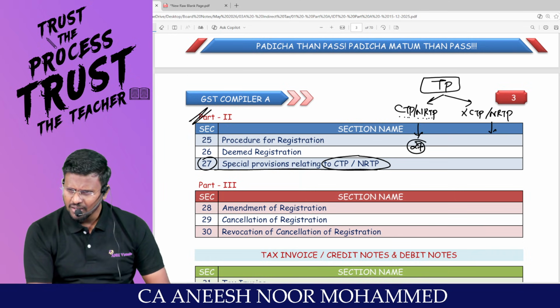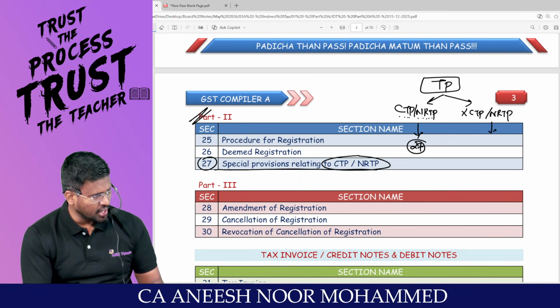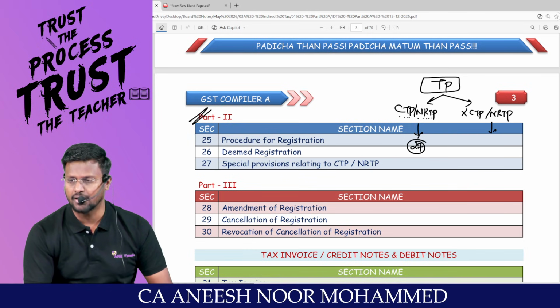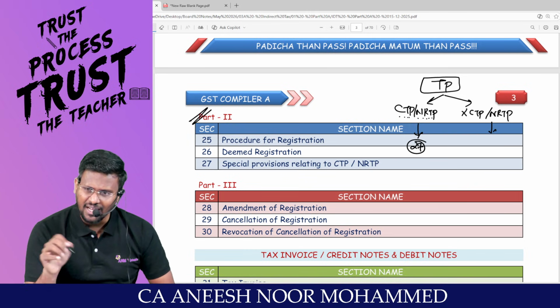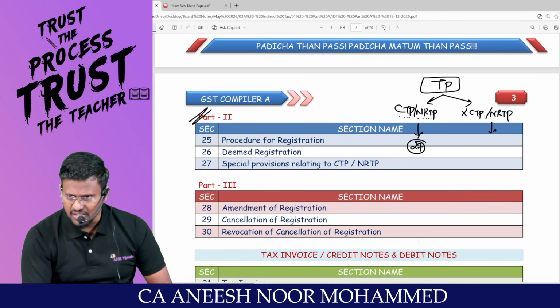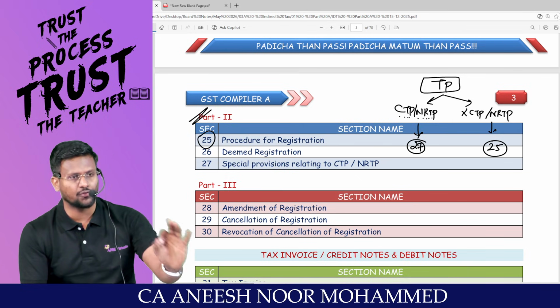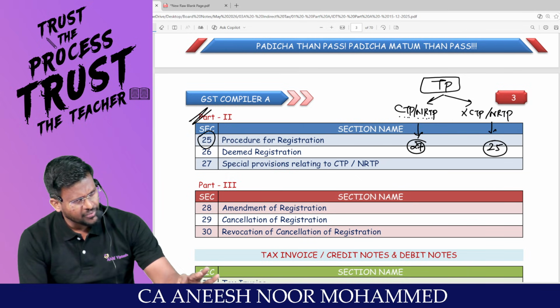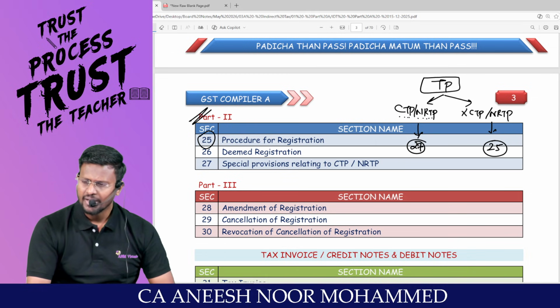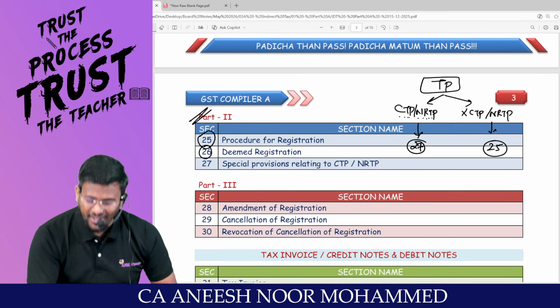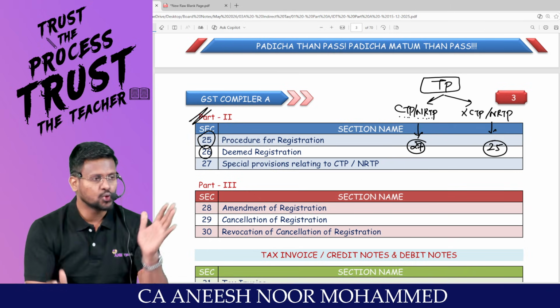What is section 27? Special procedure relating to casual taxable person and non-resident taxable person. Am I right? Other than casual taxable person and non-resident taxable person, please travel through the 25 route. What is 25? Procedure for the rest. That means for a common person, section 25 will be applicable. For CTP or NRTP, 27 will be applicable. For both, 26 will be applicable. That's why it is in between 25 and 27.